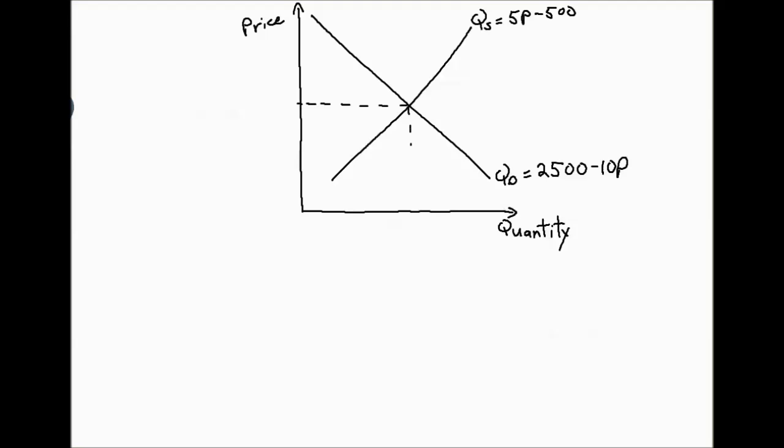It turns out that the equilibrium price works out to be 200, and the equilibrium quantity would simply be the quantity demanded or the quantity supplied at 200. Working from the supply equation, I get 500. So this number down here is 500.